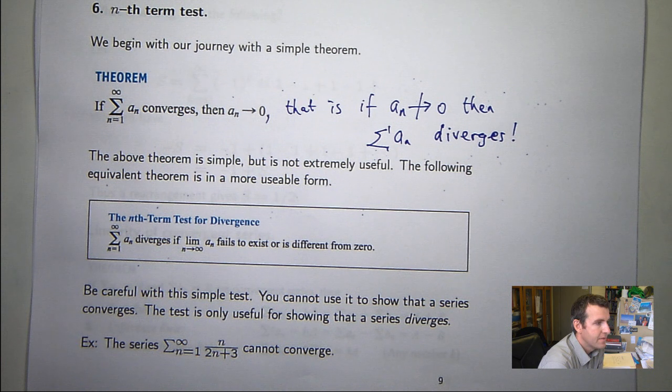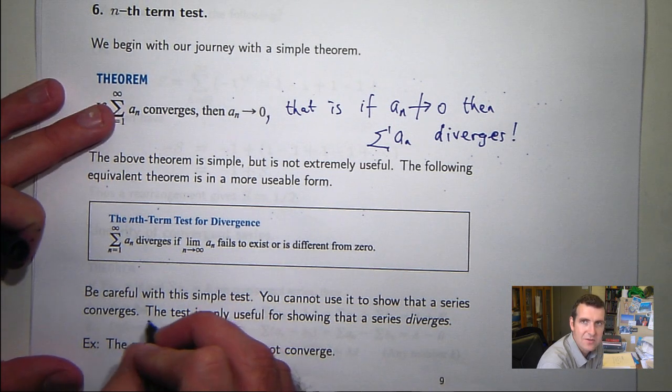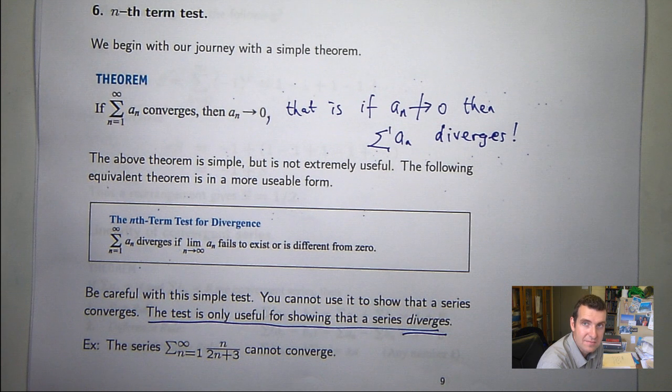Now, the nth term test is very, very powerful, but you can only use it to show a series diverges. You cannot use it to show a series converges. This is the biggest mistake that students make with the nth term test. They apply it and think that if a sub n goes to 0, then the series sigma a sub n must converge.